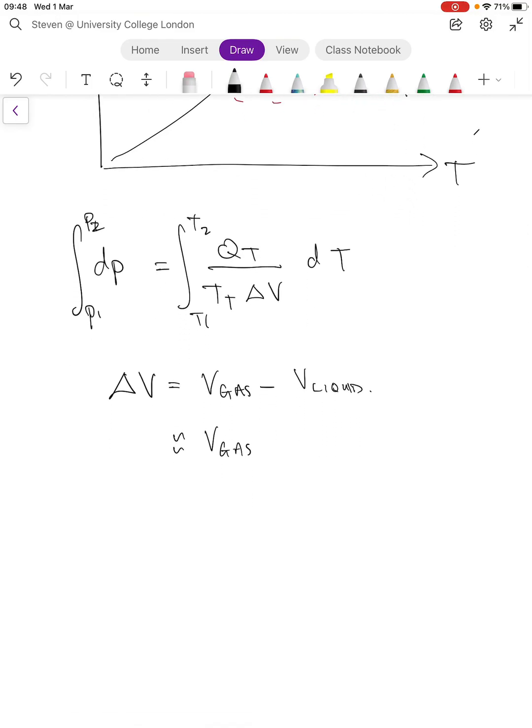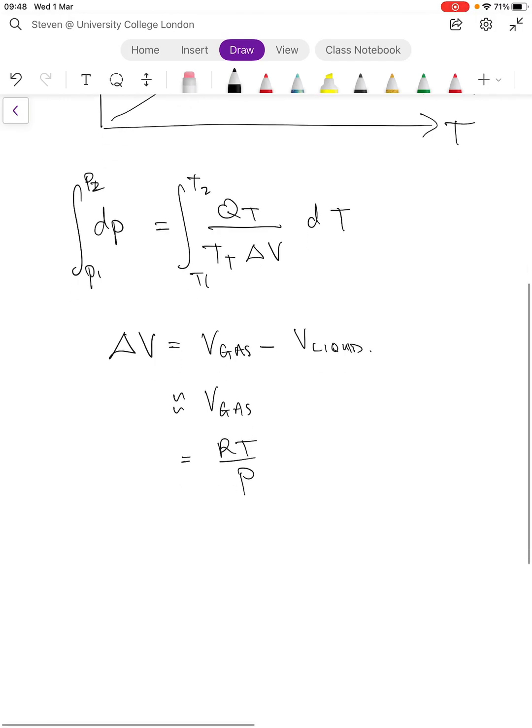And then if we also assume that in the gas state we can use the ideal gas equation, then we can write down that ΔV is equal to RT over P, right? So we're making two approximations here. One is that we're assuming that the gas volume is much greater than the liquid volume, and the other is that we're assuming that the gas behaves as an ideal gas. So two approximations, but it turns out these will work pretty well.